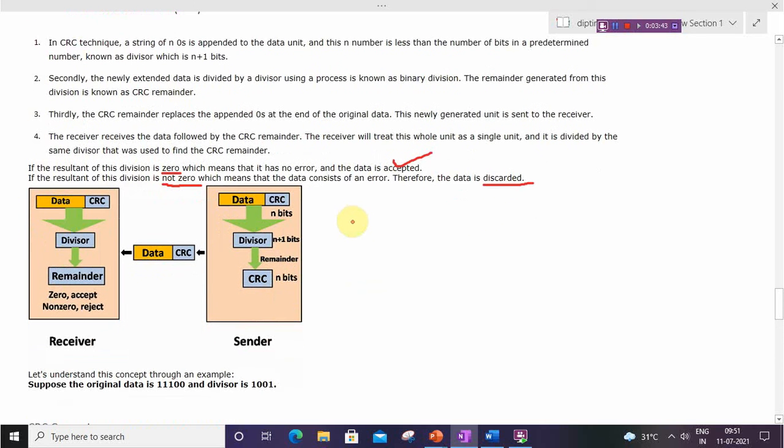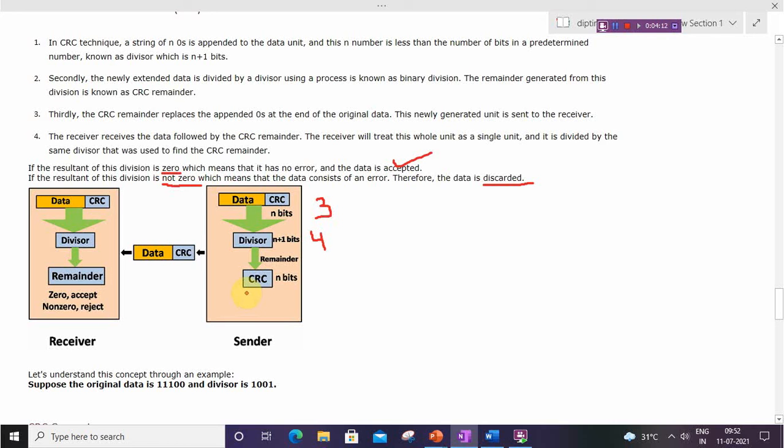So in the cyclic redundancy check, first we add n number of 0s to the data and we divide it by a divisor of n plus 1 bits. If the CRC is 3 bits, then the divisor will be of 4 bits, n plus 1 bits.